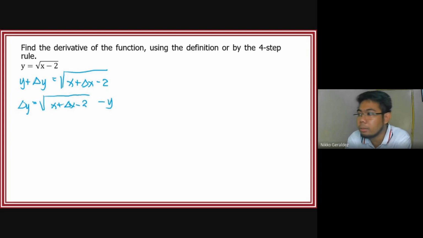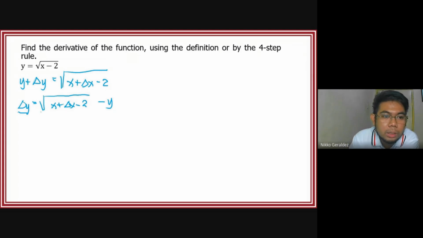Anong next? So, divide both sides by delta x and simplify. Okay. So, we have delta y over delta x is equal to square root of x plus delta x minus 2 minus square root of x minus 2 over delta x. Step 4, limits.